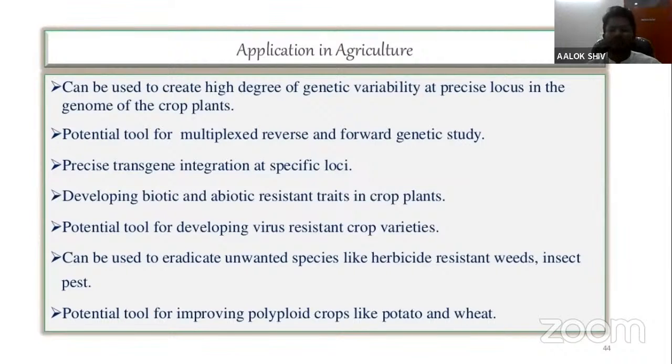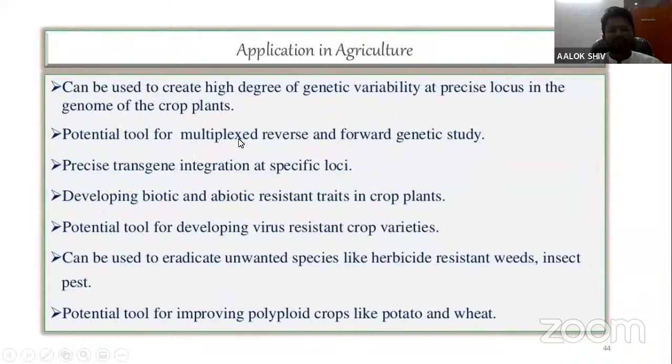SNP modification could also be brought about, so it will bring genetic variability. You can take a particular gene and try to edit a different nucleotide every time, so it will bring about different variation in terms of phenotype. This is possible through genome editing.